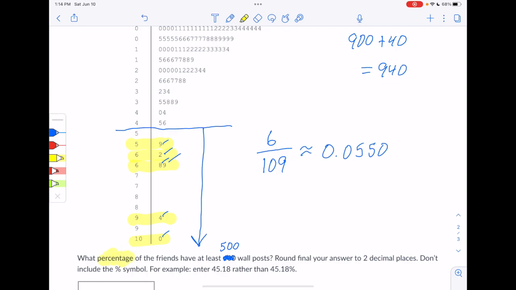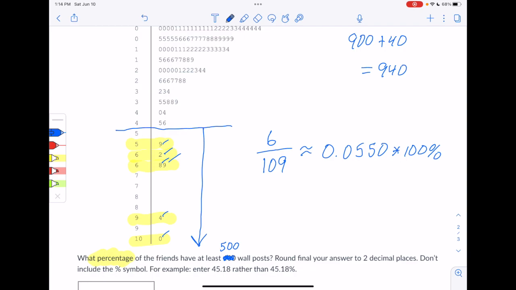So they said what percentage of the friends. So we need to convert that to a percentage. So we just do times 100%. A lot of times I'll see students do times 100. If you multiply just by 100, you're making the answer 100 times bigger, which would change it and make it incorrect. But if you multiply by 100%, you're actually multiplying by the number 1, which makes the number look different but still have the same value.